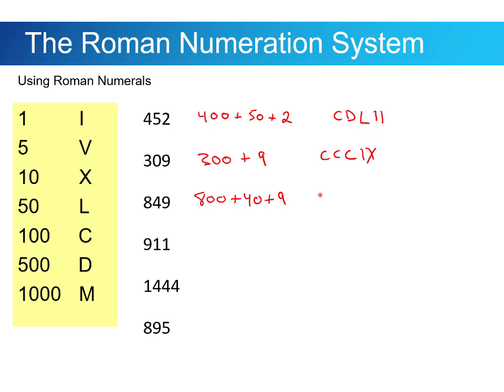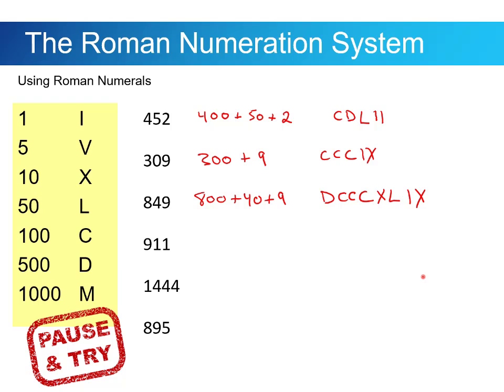Let's do the 800, so DCCC, that's 800. I can put my 10 before 50 to get 40, so that's XL, and then the 9 at the end, IX. All right, for these last three, you try. Write them down, give them a good try, see that you can get the Roman numerals for these things, and then start the video again to check your work.